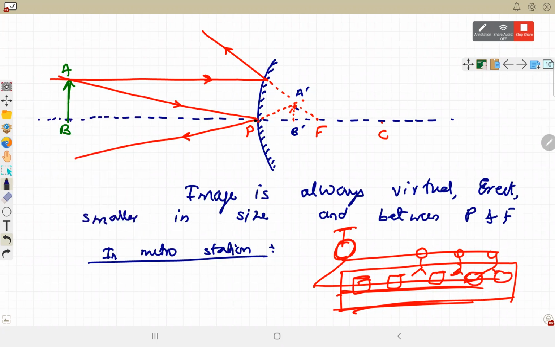Because of its enhanced vision range, he can see all the doors of the whole metro train at the same time in this mirror, and he can accordingly adjust the timing to switch off the doors, to check whether all the doors are closed or not. He's ready to go. समझ गए? Understood? Yes.